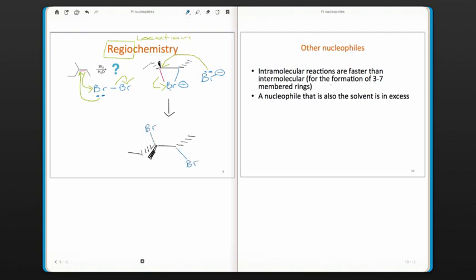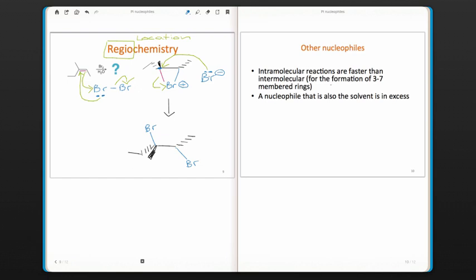The main reason for this is that at this left-hand carbon, the more substituted carbon, we start to develop a carbocation in the transition state. And just like we saw in the last section, tertiary carbocations are more stable than secondary carbocations. So we have a lower energy transition state when the bromide comes in to the more substituted or tertiary carbon. That transition state has a lower activation energy, which leads us to this product as the major one.